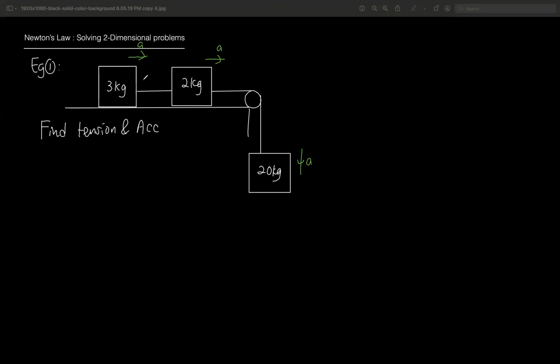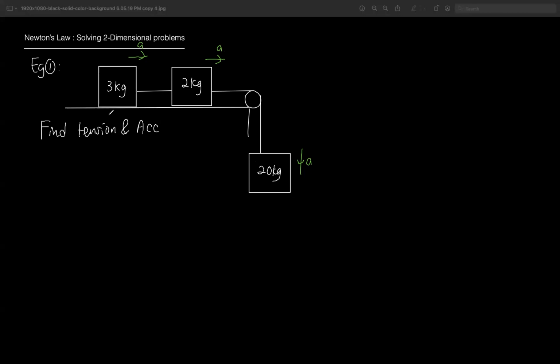If you think of the overall motion, it should be coming down like this, right? Because you have a heavier weight here. So this object is accelerating downward, and these two objects on the surface are accelerating to the right. Okay, so first let's make that clear: acceleration is the same for every single body.